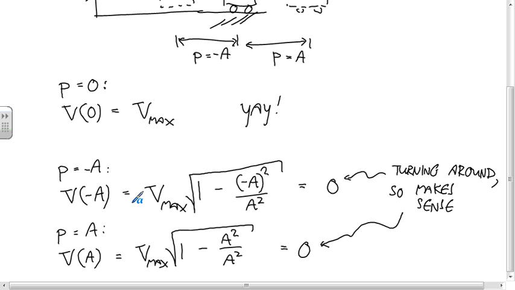But actually, anybody have any idea, think back to last semester, what technique you would use to prove this formula? We could go through it.